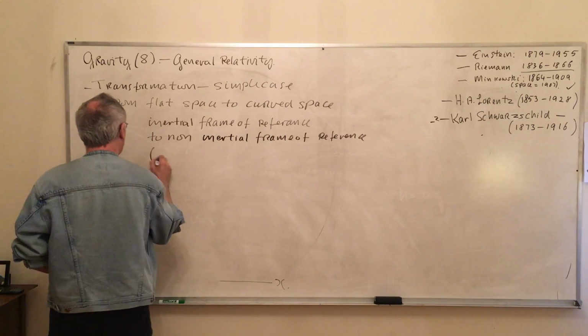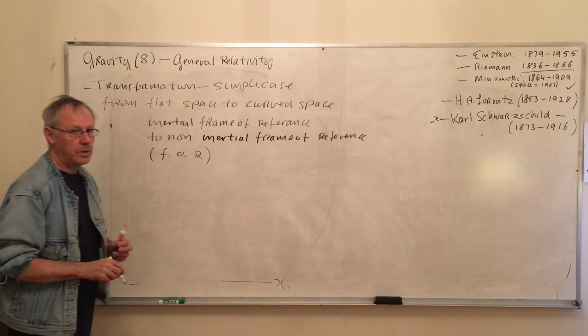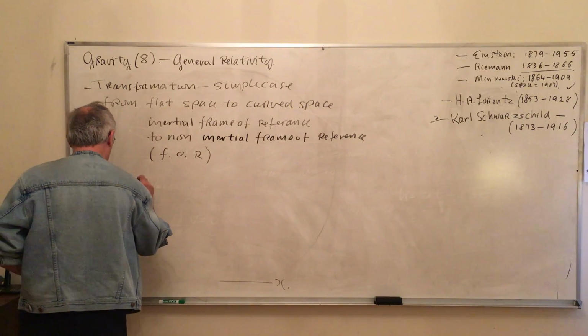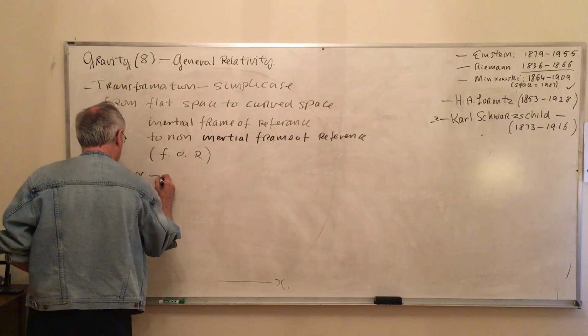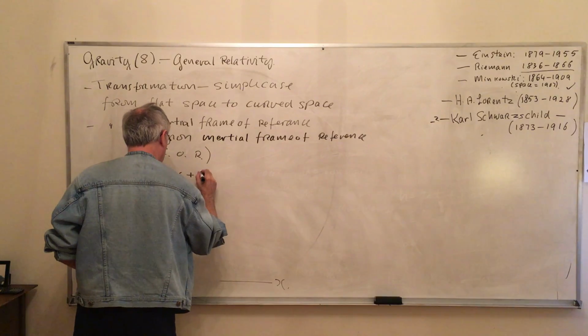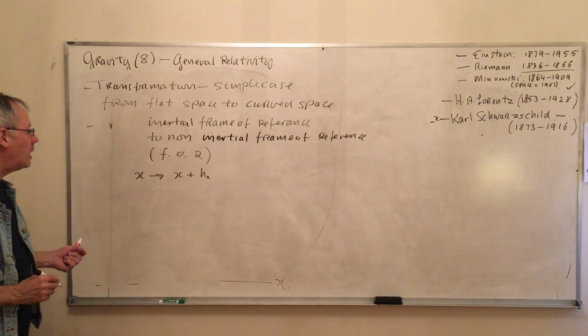Now instead of writing frame of reference all the time, I just write for. In future, that's what a frame of reference is. So what do we mean? Okay, so we have x goes to x plus hx, where hx is very close to x.